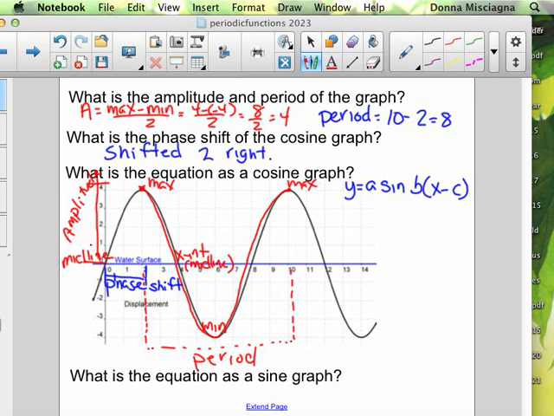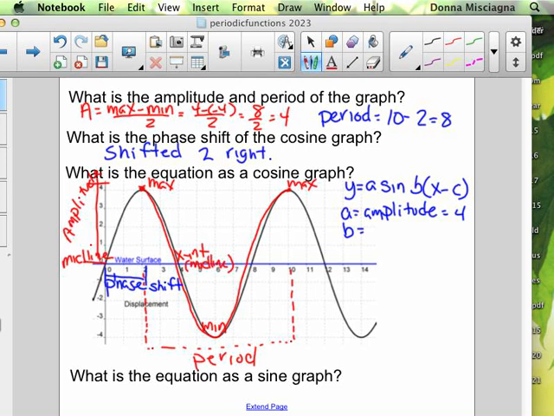The a is the amplitude, which we know because it's 4. B we have to solve for. So for b, we're going to use the period.